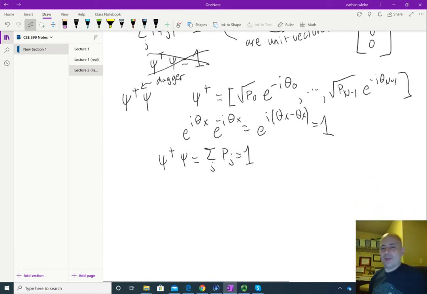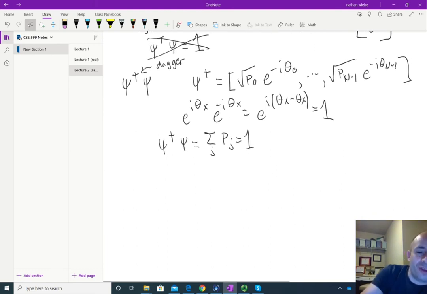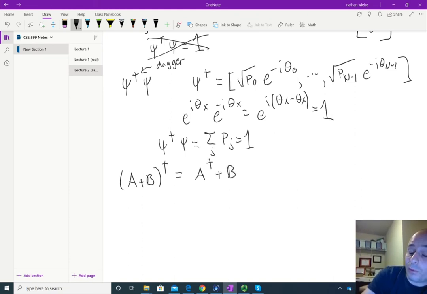So that vindicates the unit norm behavior. Now, the conjugate transpose behaves just like the transpose does. The conjugate transpose of the sum is equal to the sum of the conjugate transposes. This is a very important property. We'll be using this a ton as this course goes forward.